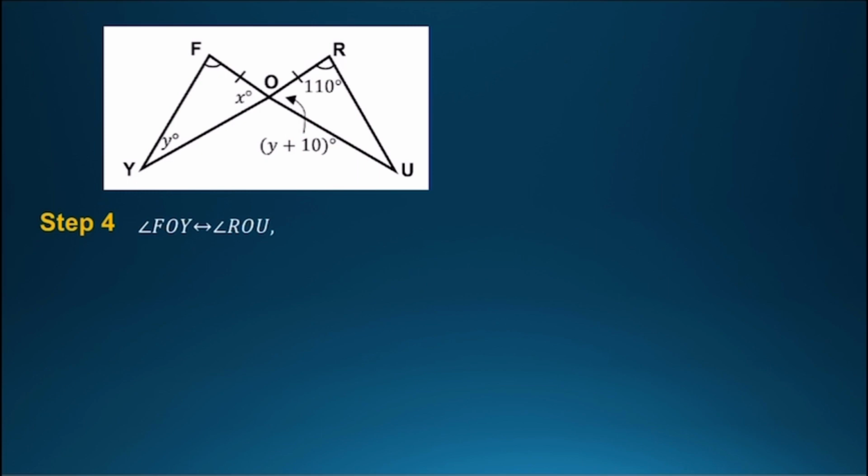Since angle FOY is same as angle ROU, then angle FOY is congruent to angle ROU. Thus, the degree measure of angle FOY is equal to the degree measure of angle ROU.